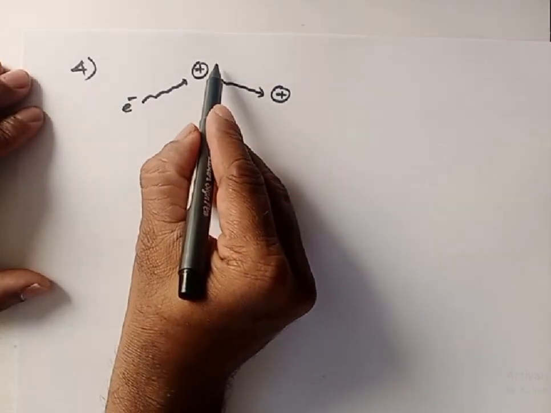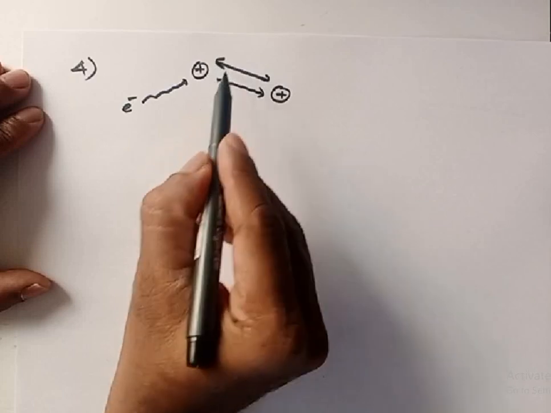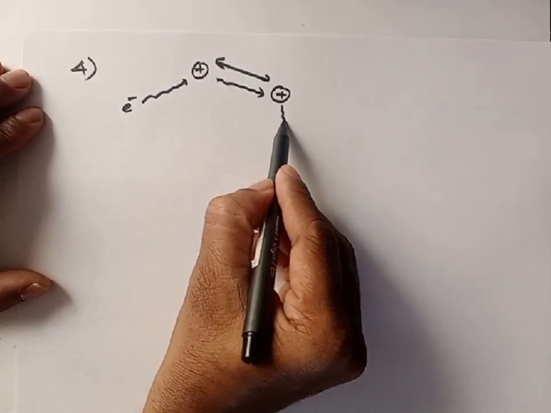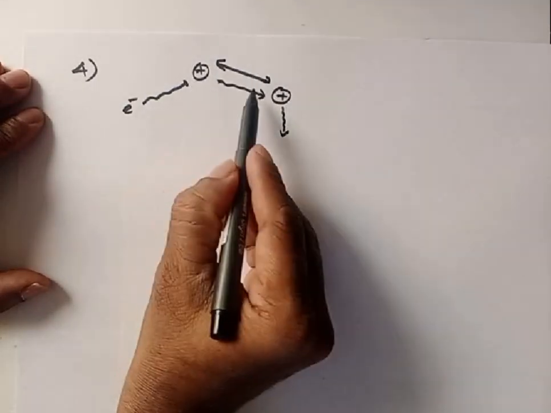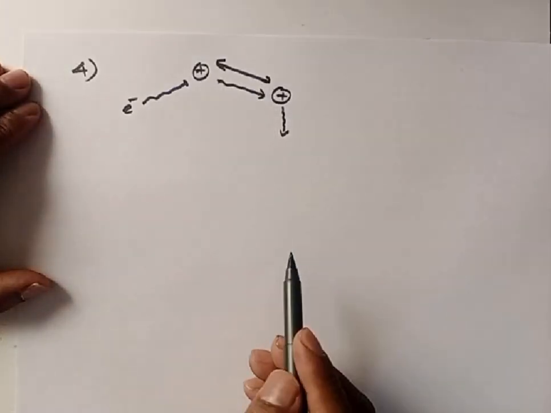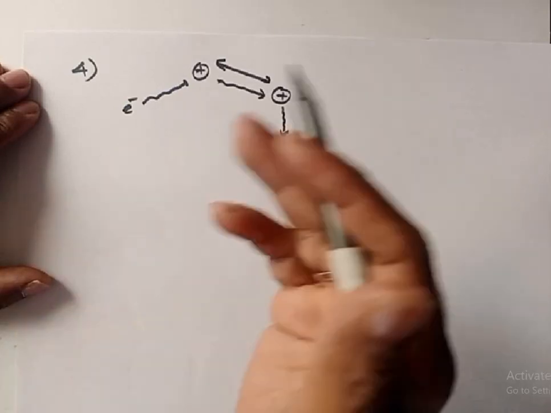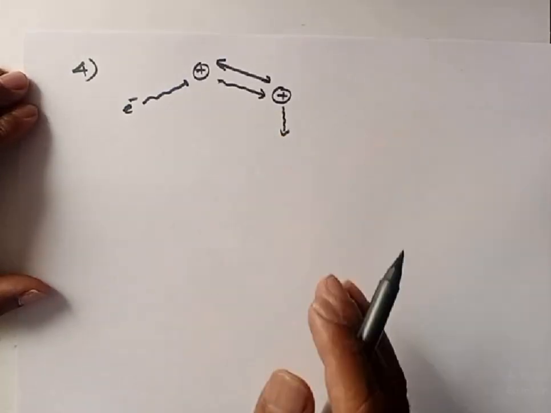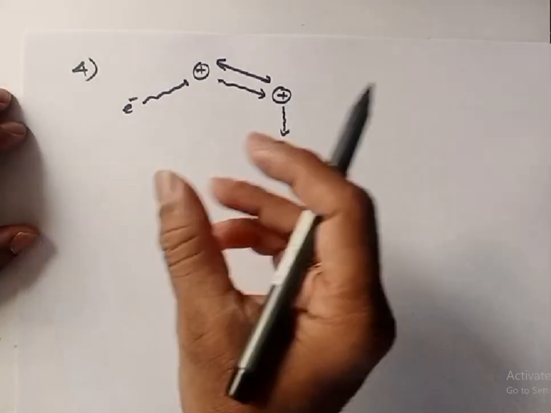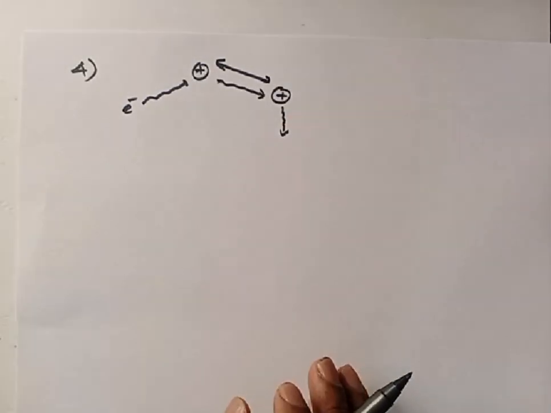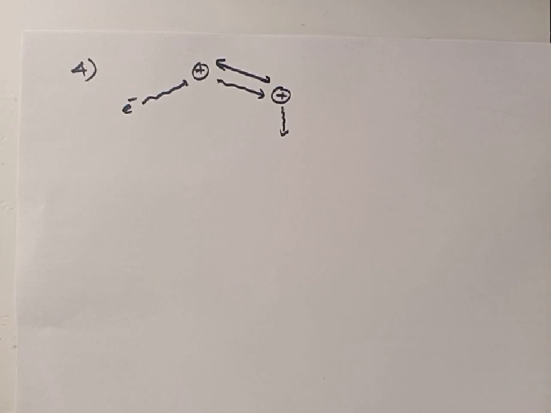What is the time taken between two successive collisions? Some electrons travel a long distance to undergo consecutive collision, but some travel a shorter distance and undergo collision. So this collision time is not the same for all electrons, and we require some average time.